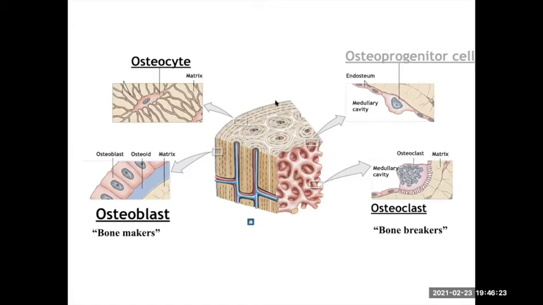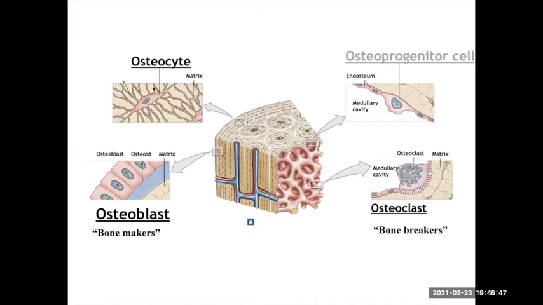And they're maintaining the matrix. They're also going to sense what's going on in the bone and direct other parts of the bone to change and everything like that. So there are these osteocytes sitting all around here, within the mineralized matrix, and we'll see how they survive there. And then you have these osteoblasts, these immature cells.